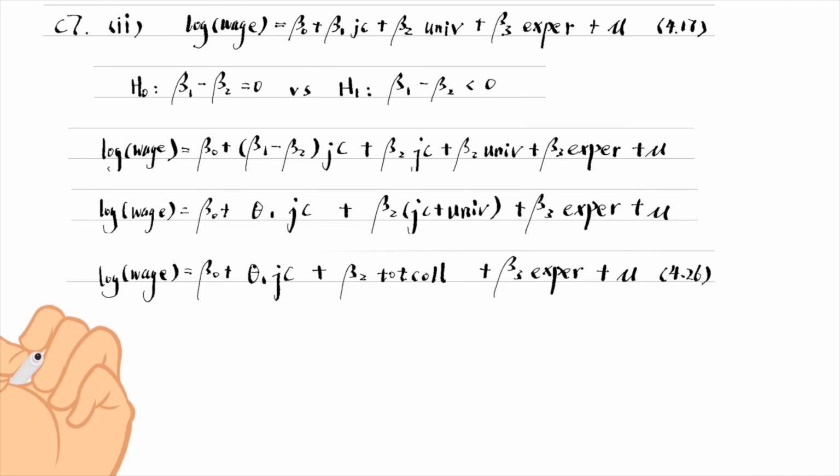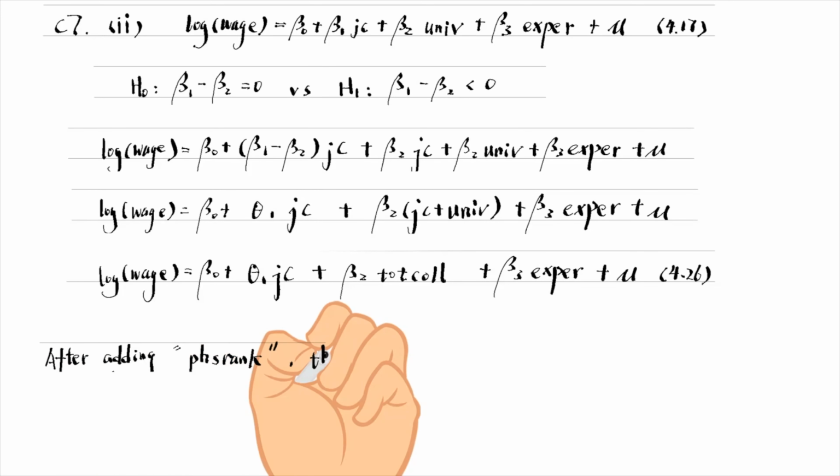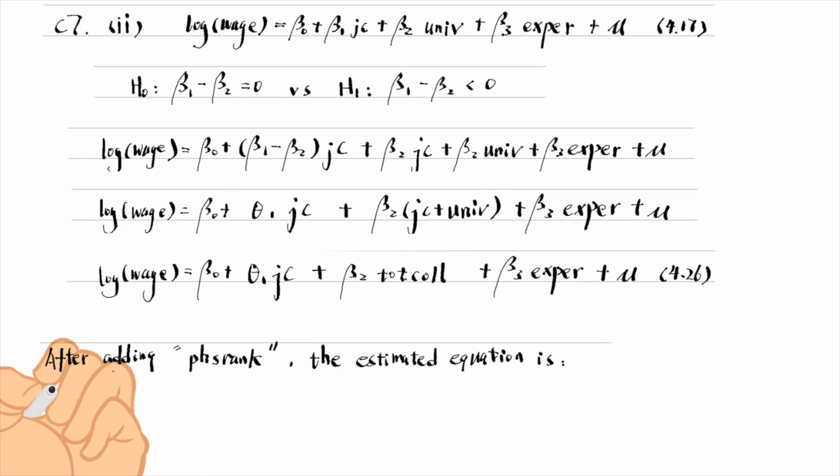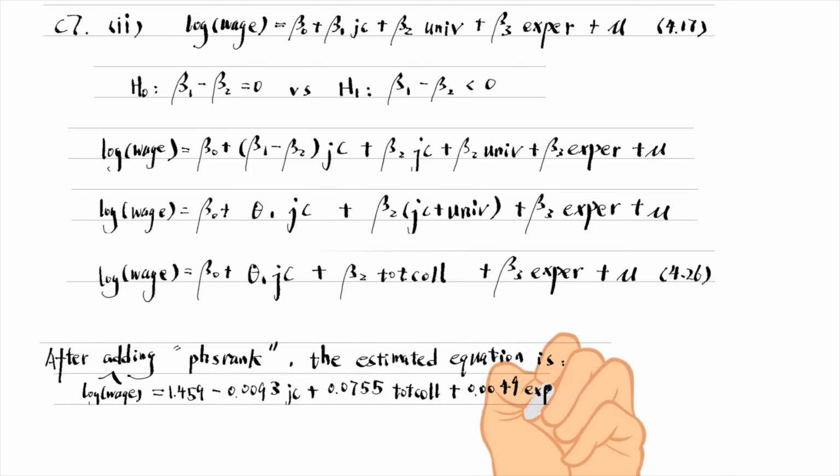We call the sum of 2-year and 4-year colleges the total college. The new coefficient on the variable JC is what we will test. In this question, we add a high school ranking variable to the model. The estimated equation is as follows.